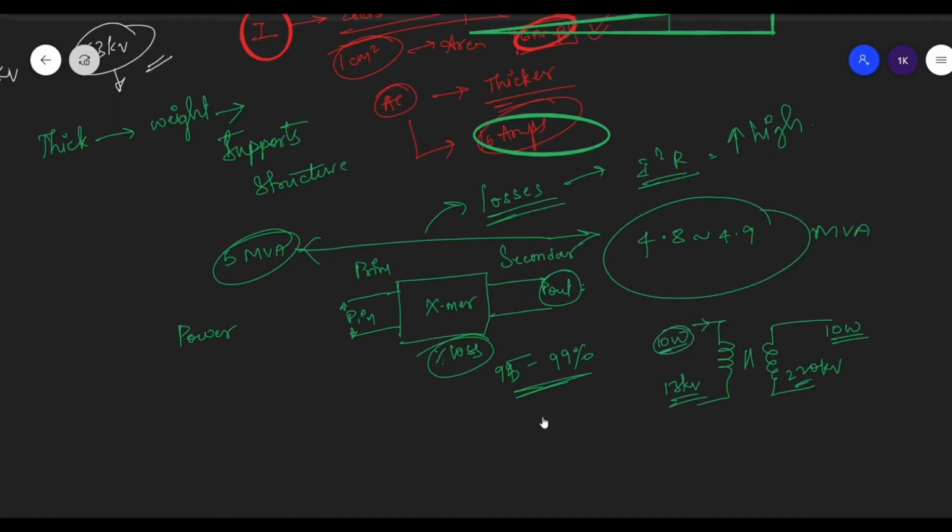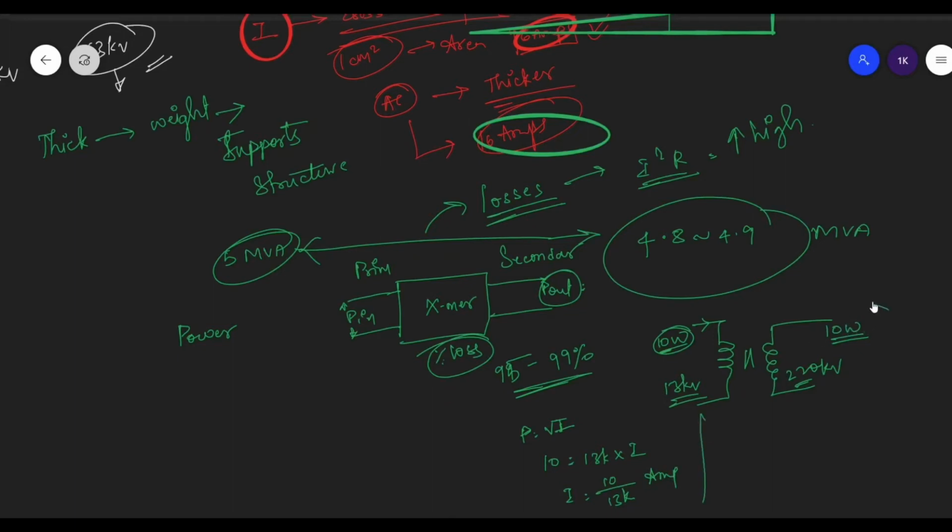Actually P is equal to V I cos phi when we talk about alternating current, but for simplification let us assume that power is equal to V into I. So here power is 10 watts, voltage is 13 kV, and the I value is nothing but 10 by 13 kilo ampere.